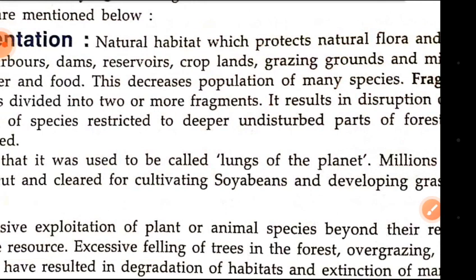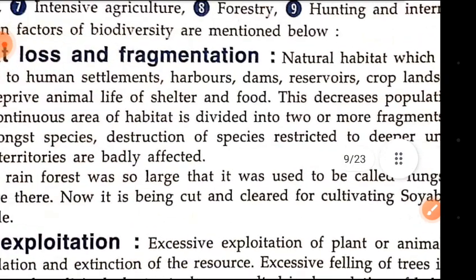We can see the news most of the times in a year that a tiger has escaped from Jim Corbett National Park, killing animals, killing humans also, injuring humans also, and so on and so forth. So that's another issue, that fragmentation causes a complex interaction among the species.